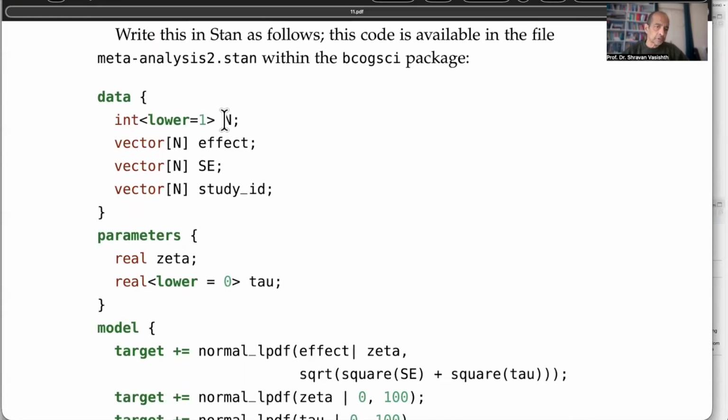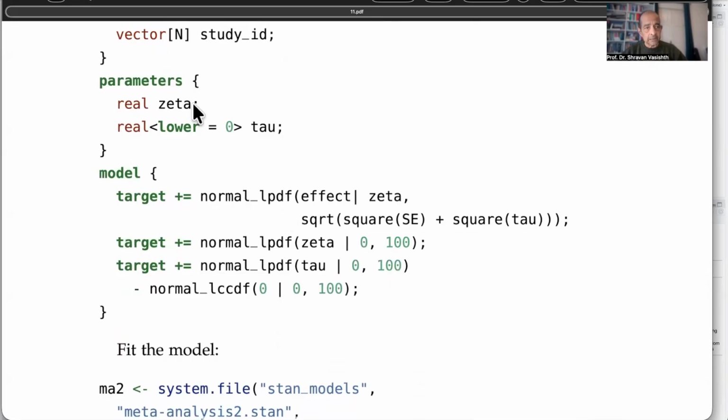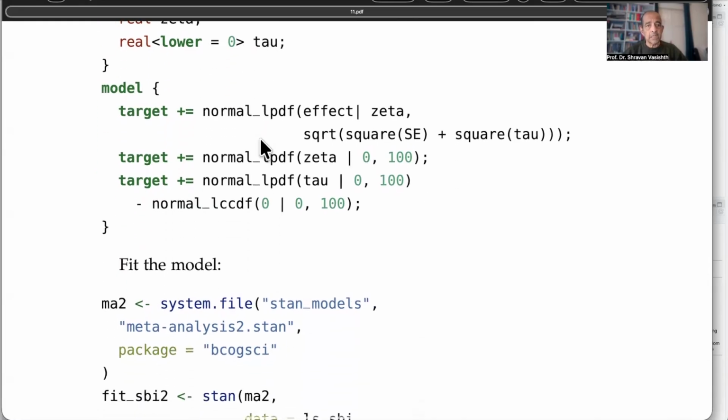So now what we're going to do is we won't have any zeta sub n's anymore, okay? They're gone. So this data block doesn't change. Here, we don't have zeta sub n. We don't have z either because we don't need it, right? We got zeta and tau and that's it. And then what we do is we define the likelihood.